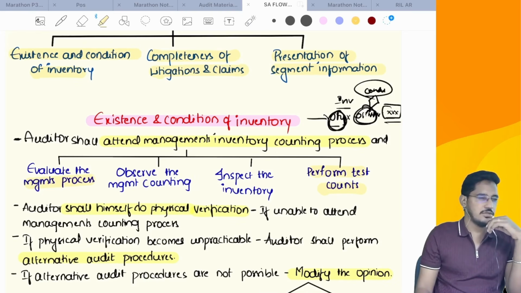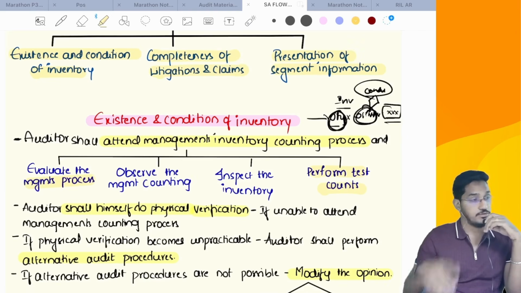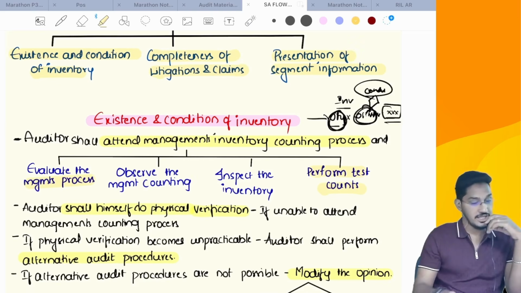One thing which got me worried a lot was one question in the examination, either in RTPs or MTPs, I don't know. They have asked one question in the MCQs. As an auditor, you go and attend the inventory counting process. By attending it, you should do 4 things. Identify which 4 things you should do. 4 options are given.